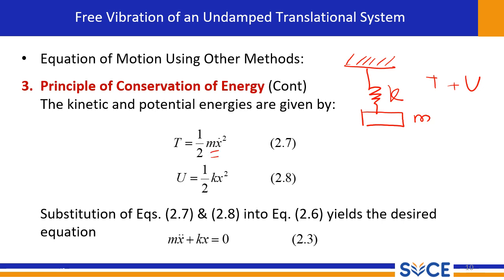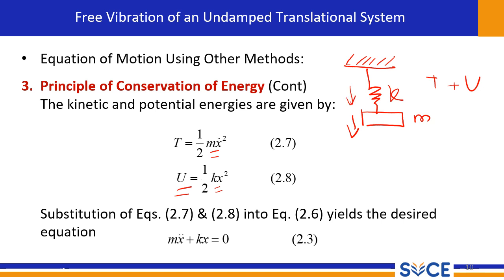This term represents energy stored in the motion of the mass. The potential energy U stored in the spring is given by half k x square, where k is the stiffness of the spring and x is the displacement. This term represents energy stored in the deformation of the spring.